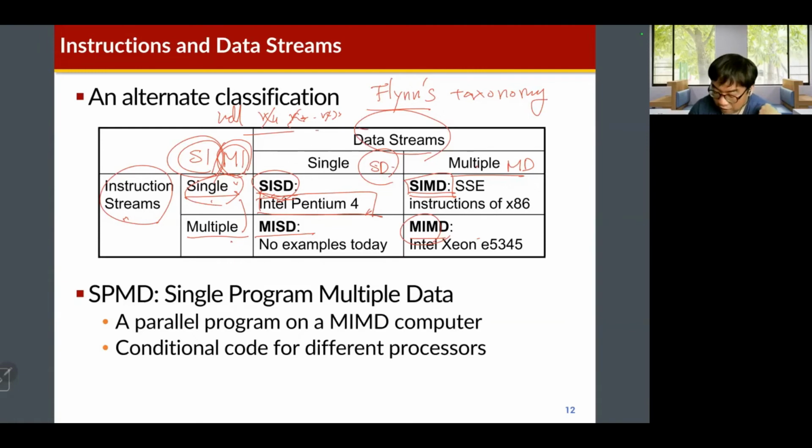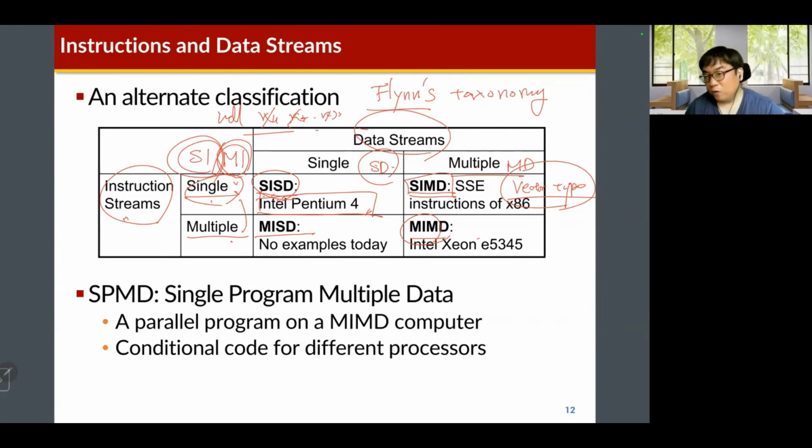And then SIMD, so with a single instruction, multiple data can be processed, which means that a single instruction can handle vector type data. Actually, most commodity processors, most commercial processors, include SIMD instructions, which means that those processors include vector type instructions.